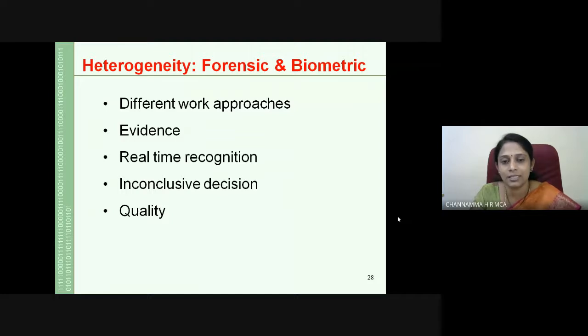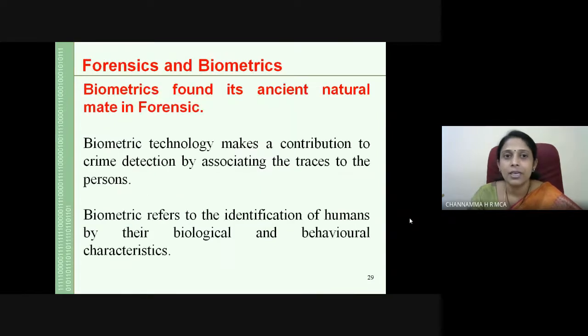So as we discussed, in a forensic perspective, the evidences are taken in an unconstrained environment, and in biometrics, it is taken in a constrained or controlled environment.